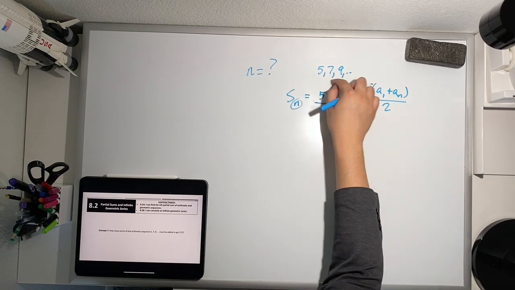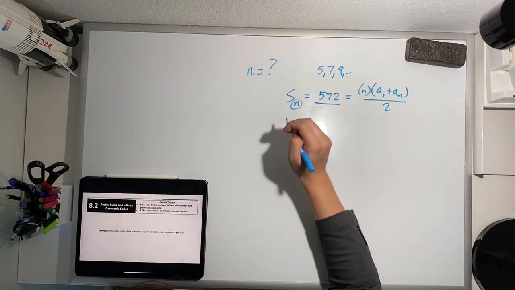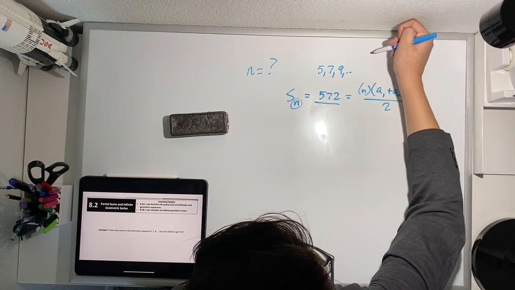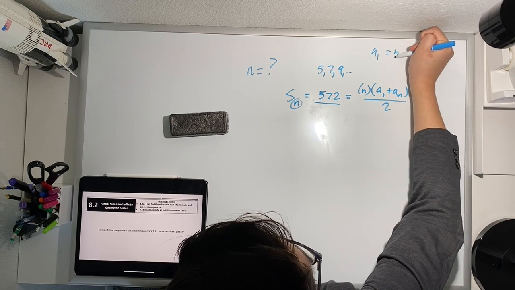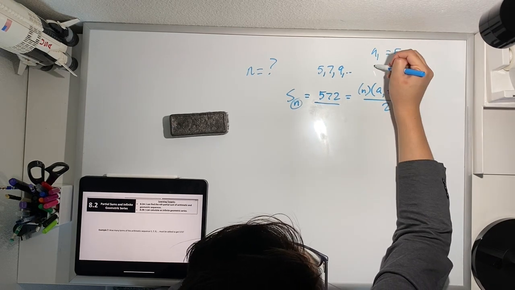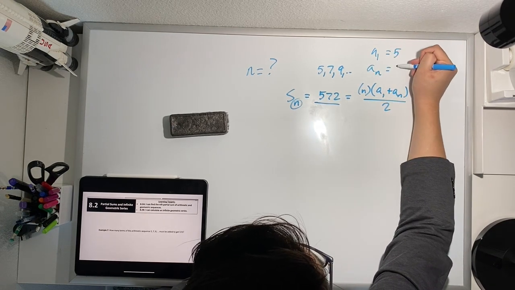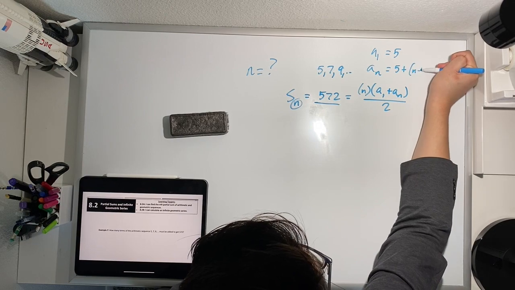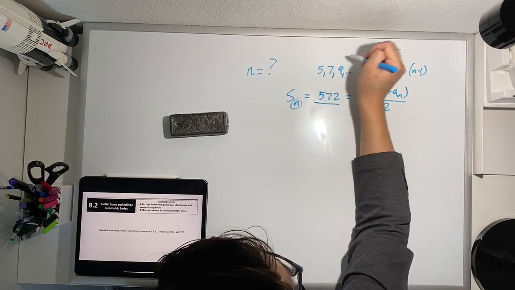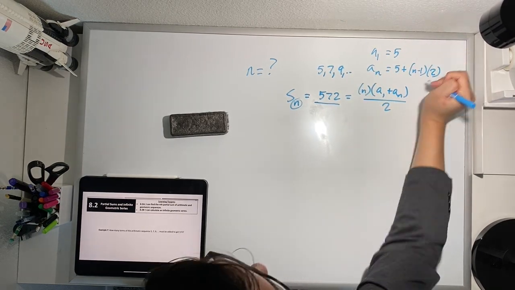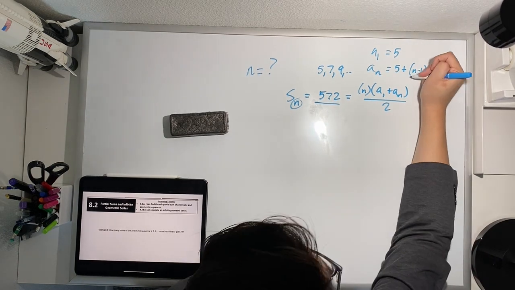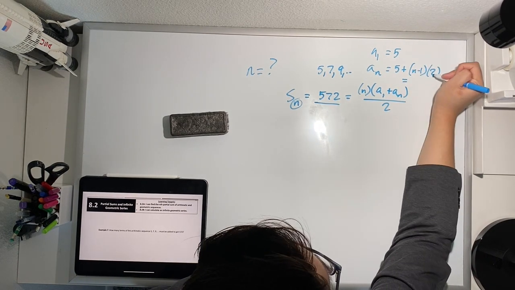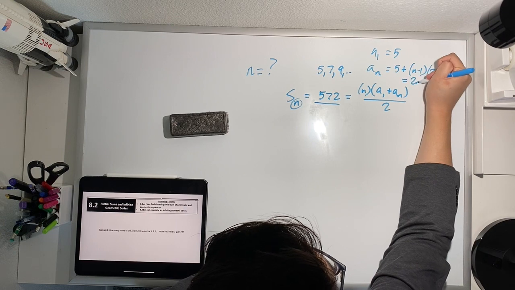Now, we have this sequence, so the first term is 5, and then the nth term is going to be a1 plus n minus 1 times, what's our common difference here? 2. And if we simplify this a little, we get 2n plus 3.